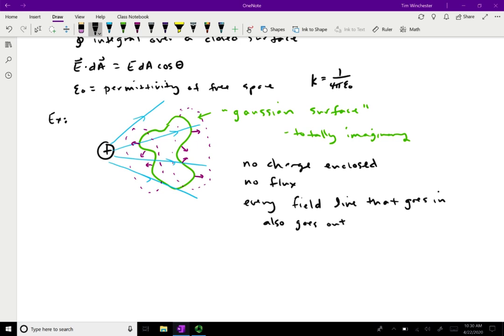And since the area vectors are always outwards, which is just a convention, we're going to have negative flux where those field lines went in, positive flux where they go out. Okay, so that's the reason why we get that cancellation. There's no way to have more field lines going out than going in unless there's charge inside.